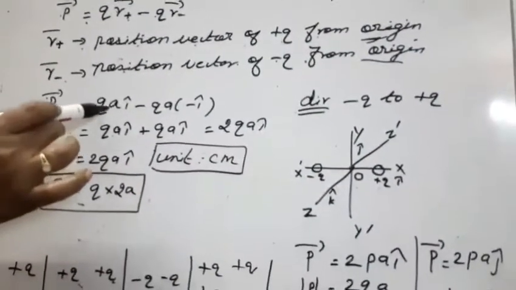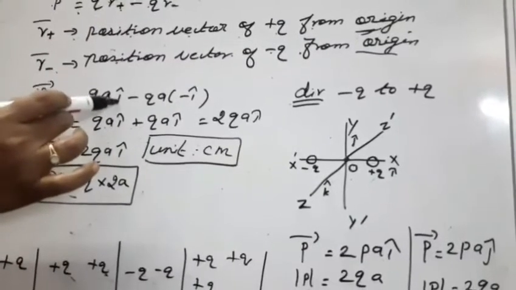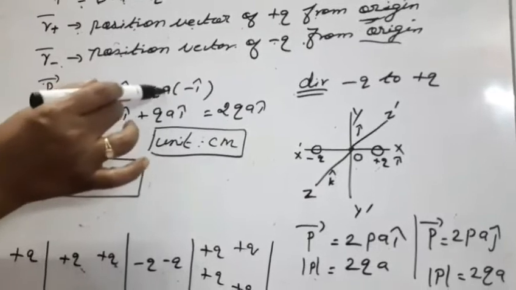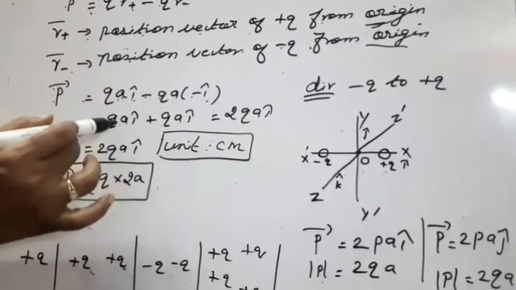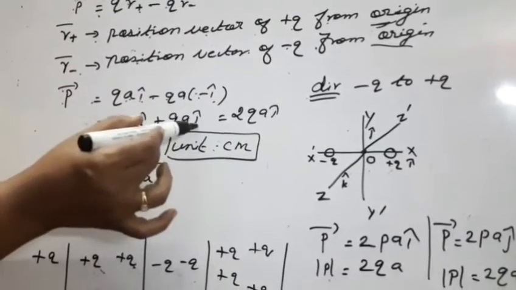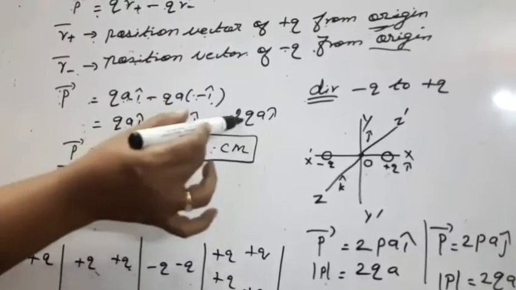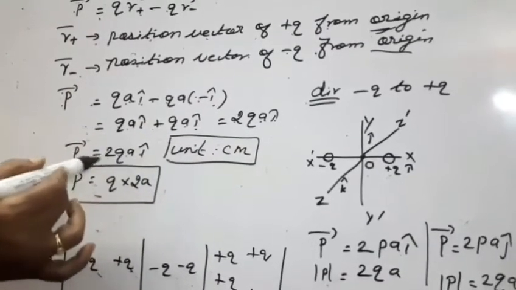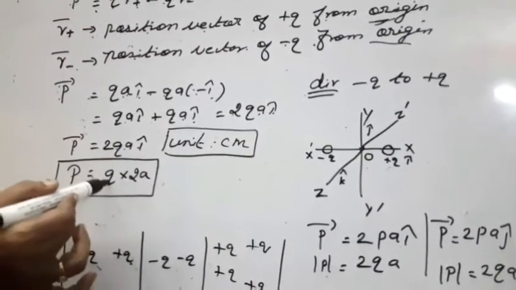Now P vector equals q times a i cap, then minus q times minus a i cap, that is q a i cap plus q a i cap, 2 q a i cap.